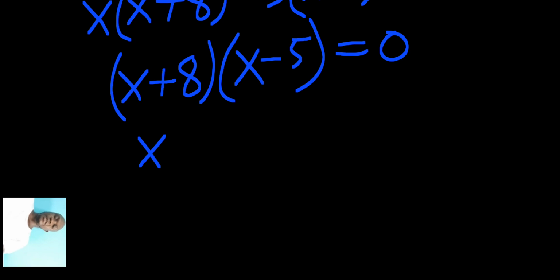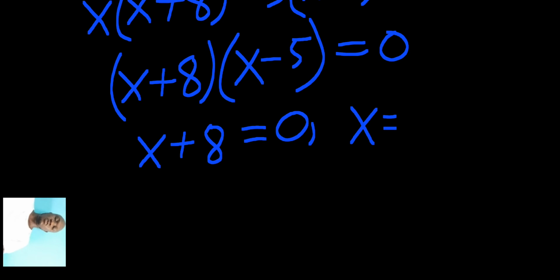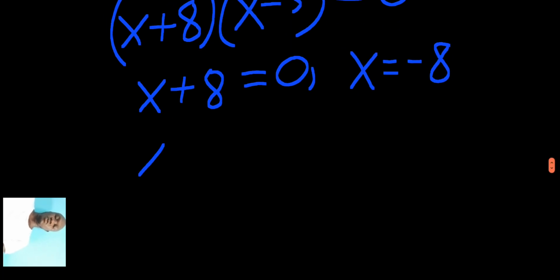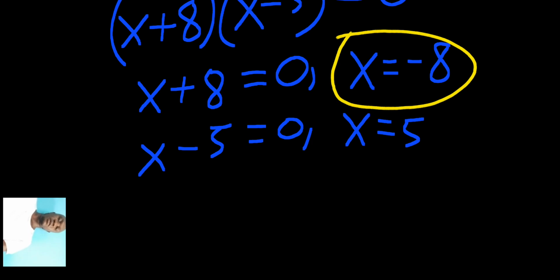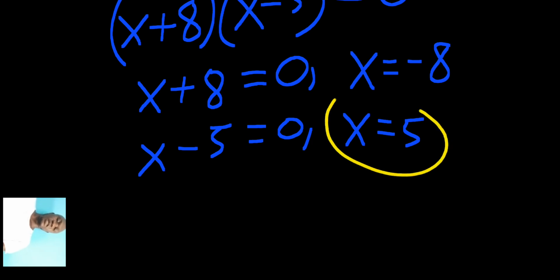I will have s plus 8 equals 0, so s will be equal to negative 8. Or s minus 5 equals 0, and s will give me 5. Hence, in this particular example, s is either equal to negative 8 or s is equal to 5.